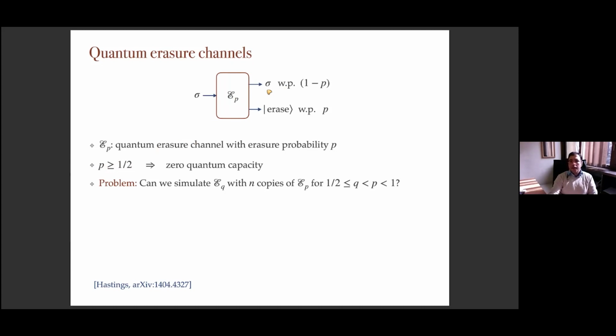Whenever the output is erased, it's the erasure flag, the environment gets sigma. And the other way around, when the output of the channel is sigma, it means that the environment receives the erasure flag. So it's symmetric. There's a symmetry between the output of the channel and the environment. Now, if the output of the channel can encode some quantum information, the environment can do the same.